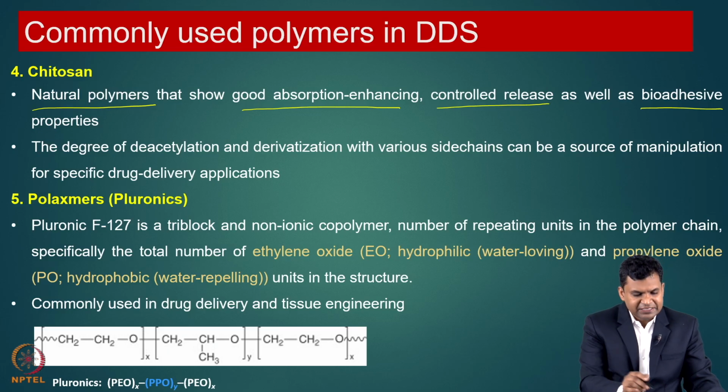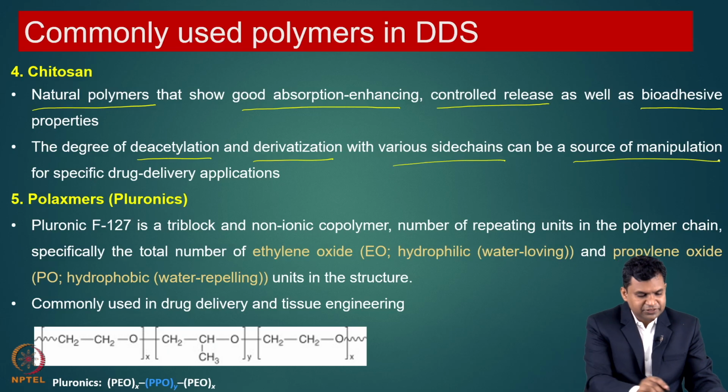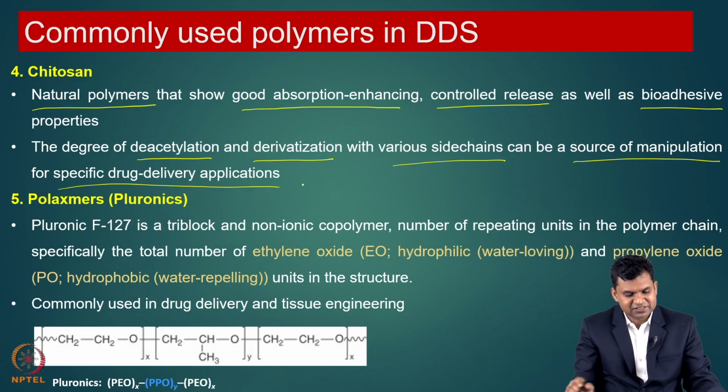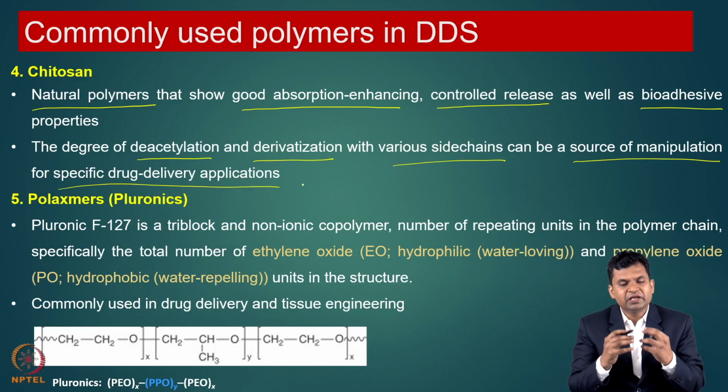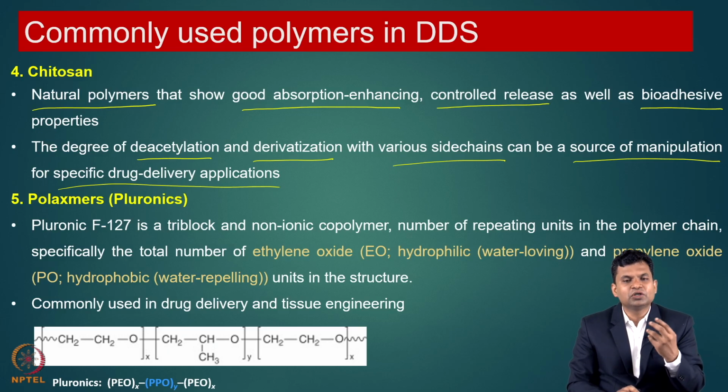The degree of deacetylation of chitosan and derivatization with various side chains can be a source of manipulation for specific drug delivery systems. If you increase the deacetylation of the chitosan, its solubility, properties and molecular weight will differ from the original chitosan.